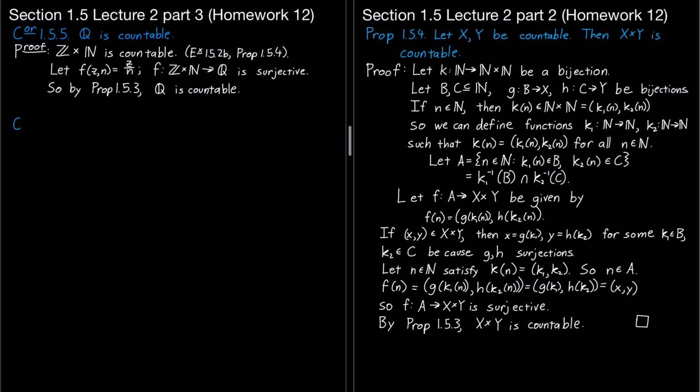All right. Another corollary. If X, Y, and Z are all countable, so is X Cartesian product with Y Cartesian product with Z. And the proof is that we saw that X cross Y is countable.